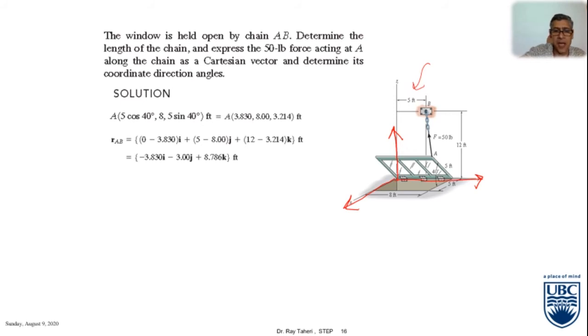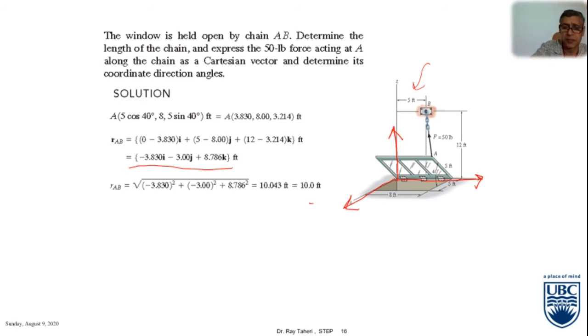Having said that, we can simply calculate the vector AB, and these are the Cartesian components of that. So how do you calculate the length of the vector? It's very simple. The formula is x component squared plus y component squared plus z component squared, square root of that, and it is approximately 10 feet. That's part 1 in this question.